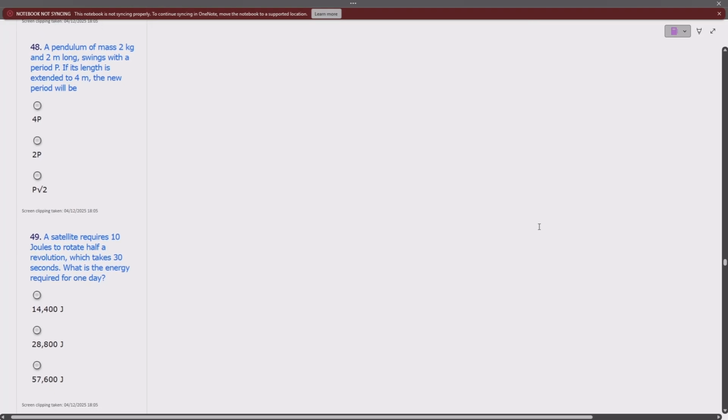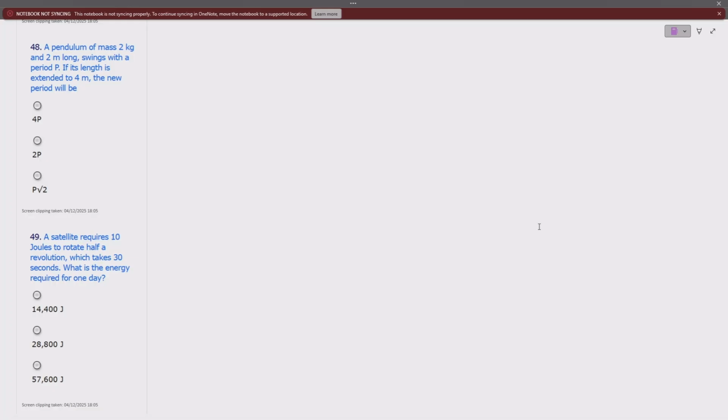Right, question number 48. A pendulum of mass 2 kilograms and 2 meters long swings with a period P. If its length is extended to 4 meters, the new period will be. So the formula for the period, let's put period as P equals 2 pi root of L over g.